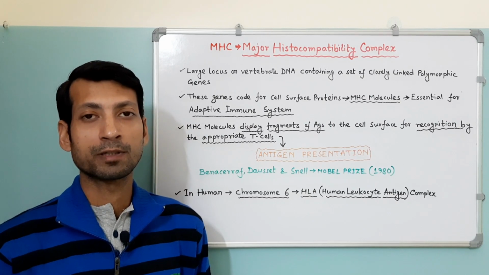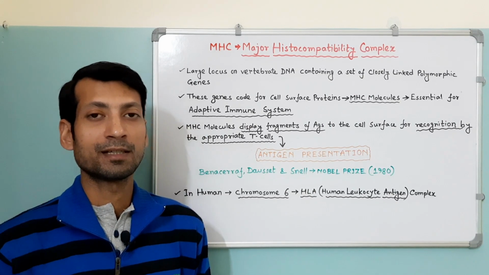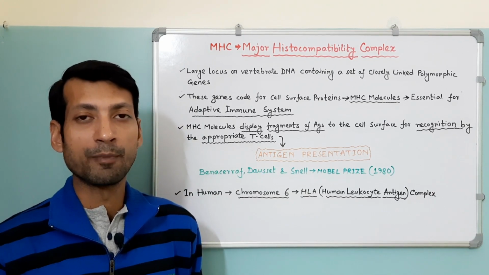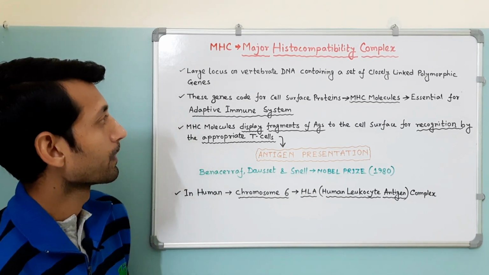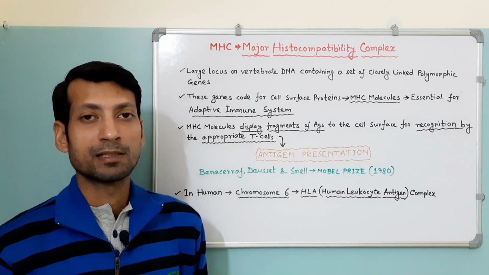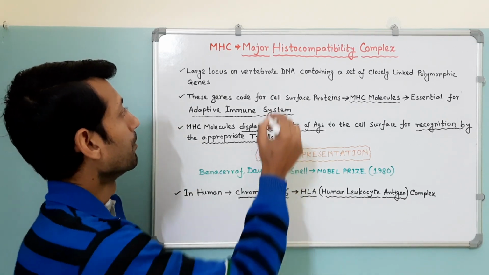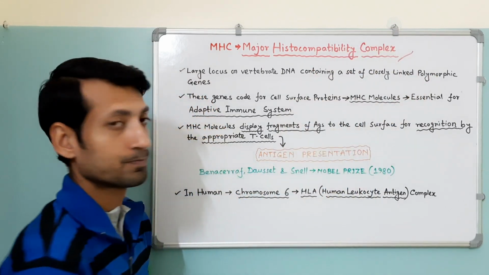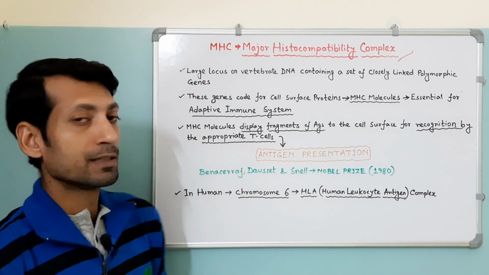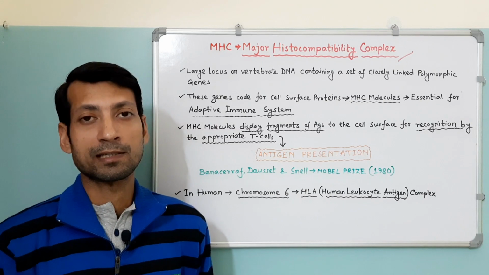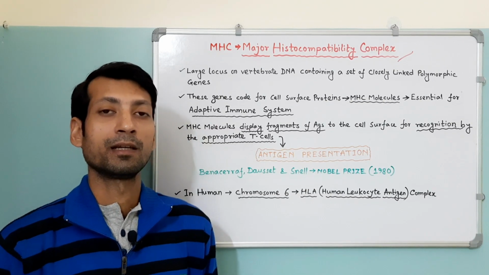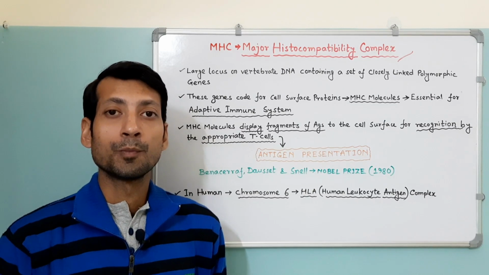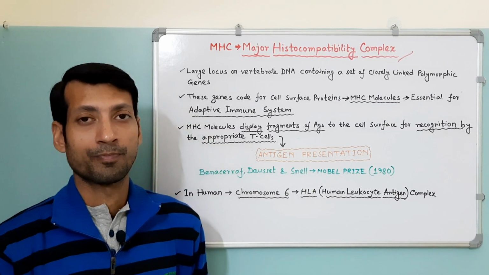Today I am going to discuss the classification and general structure and function of MHC molecules. The MHC stands for Major Histocompatibility Complex. The MHC is a large locus on vertebrate DNA containing a set of closely linked polymorphic genes.